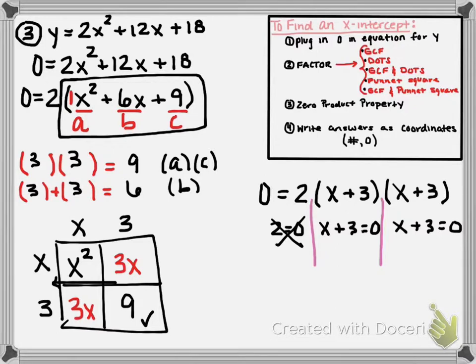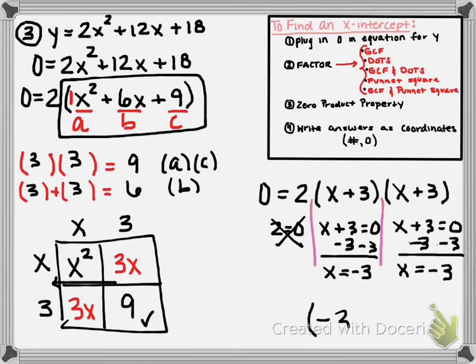But our second and third pieces, we can do some math here by subtracting 3 on both sides, so I get x equals -3. And same thing here, I can subtract 3 on both sides, and I get also x equals -3. Now, because these answers are the same, we only have to write that coordinate 1 time, because that's 1 point on our graph.